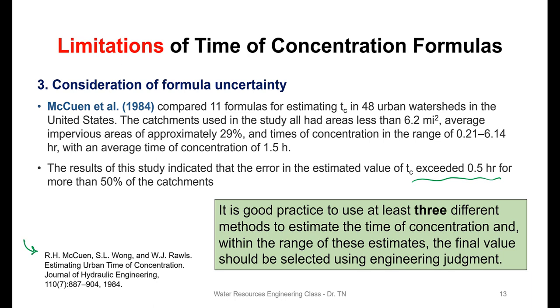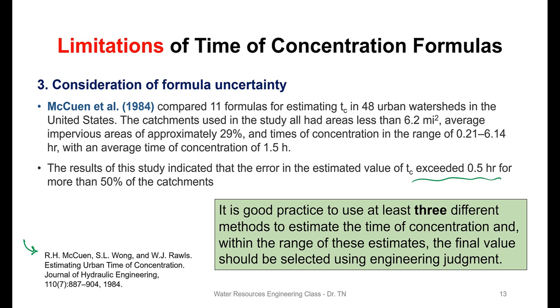So what I want to highlight over here by giving you all these limitations and uncertainty is that it's good practice, instead of relying on only one method for calculating time of concentration, to focus on at least 3 different methods. These 3 numbers will give you an idea of how big the variation between different formulas and different equations is.